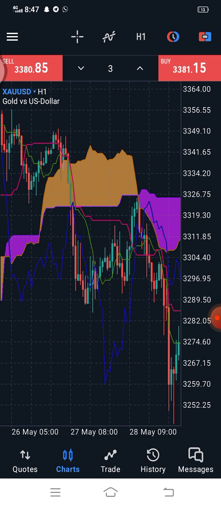And secondly, the conversion line should be below the baseline. In this trade, the conversion line, the green one, is below the pink colored one. And then the lagging span should be below the market, that is, below these candlesticks you see here.